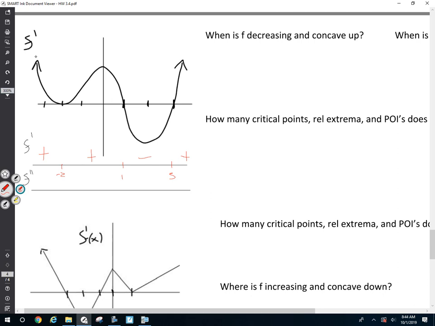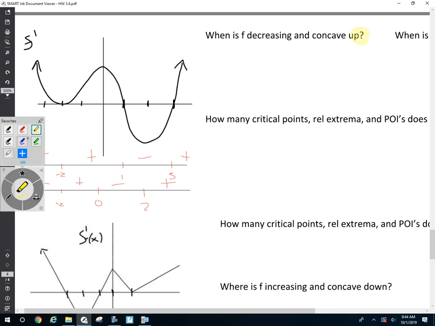F double prime, slopes of f prime, negative slopes until negative 2, positive slopes until 0, negative slopes until 2, and positive slopes after 2. When is f decreasing and concave up? F prime is negative, f double prime is positive.